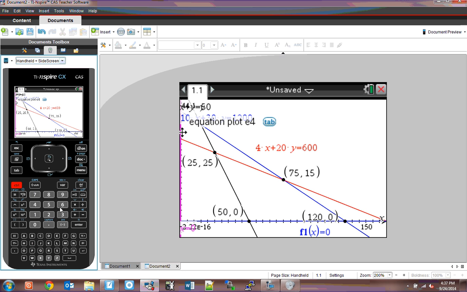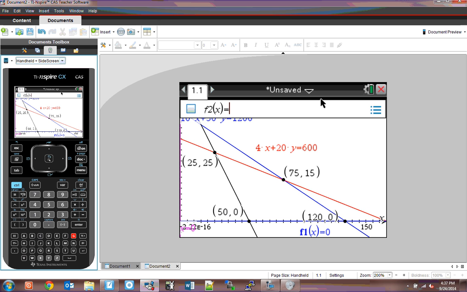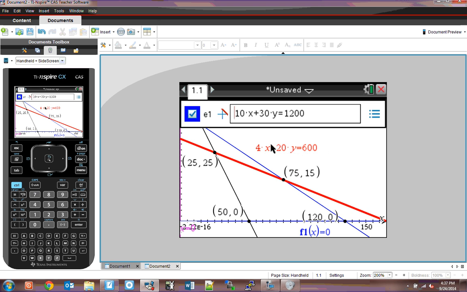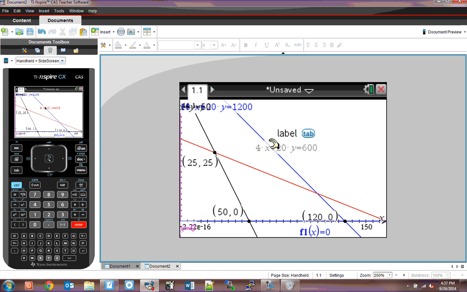All right, Control G. The one we're going to have to change is this one. It's going to go from 30y to 20y. So it's going to change our slope a little bit. So now we have to find this intersection point here.